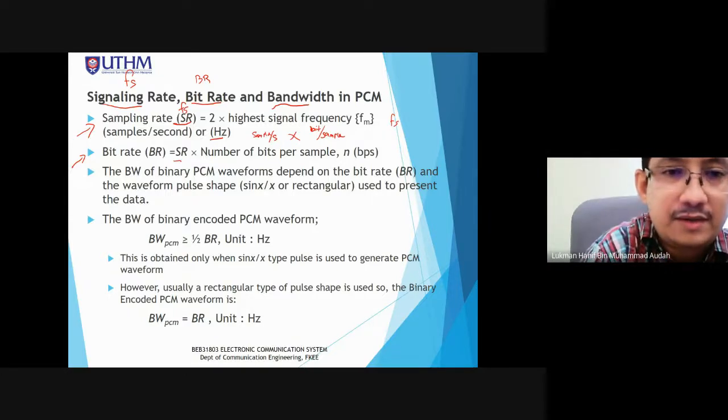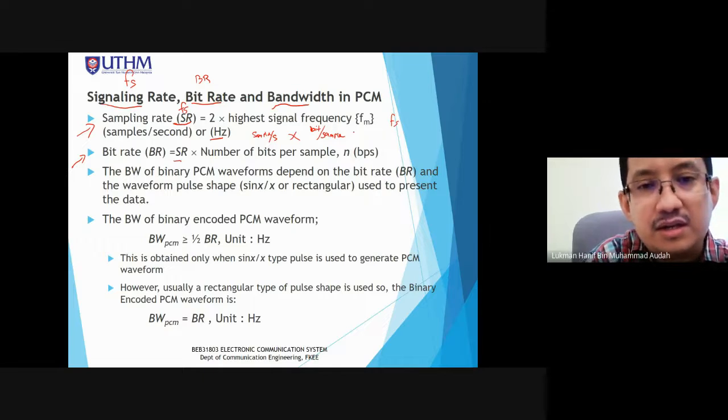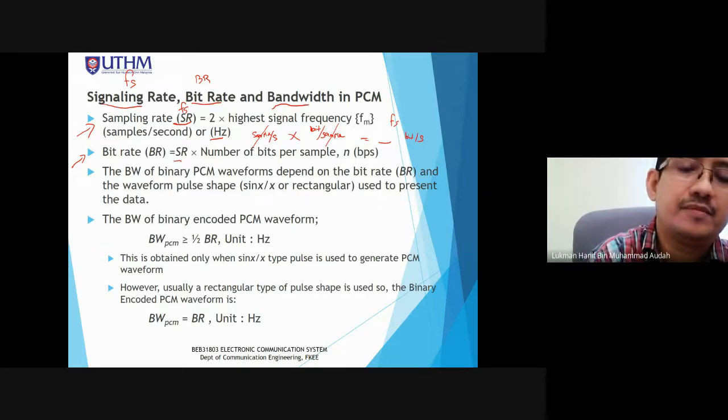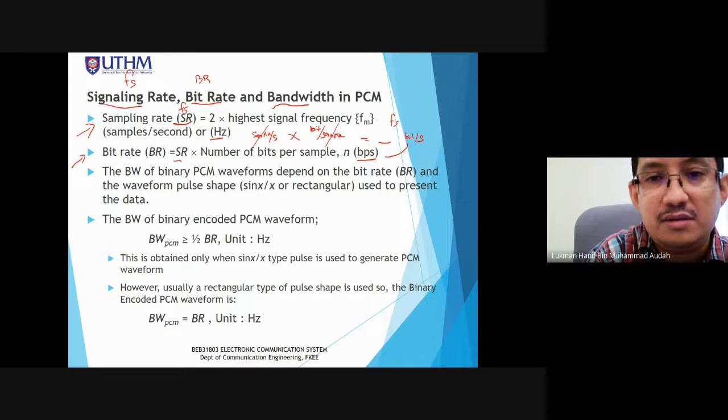So kalau you lihat sampel per second darabkan dengan bit per sample, sampel dengan sampel boleh potong. Maknanya kita akan menghasilkan output dengan unit bit per second. Nampak? Itu sebabnya dia punya unit adalah BPS. BPS adalah bit per second.